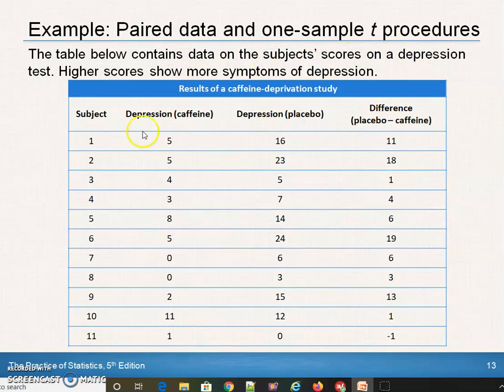So the table contains the data for the 11 people: depression on caffeine, depression on placebo, difference. I guess they did the placebo minus the caffeine. So that's why here 0 minus 1 gives you a -1, the only negative in that list.